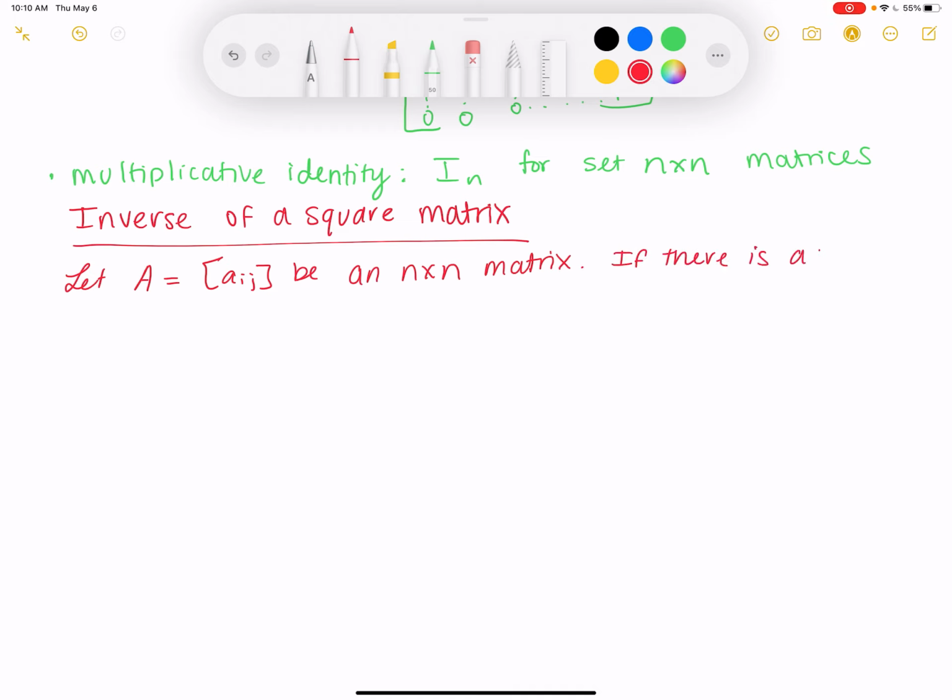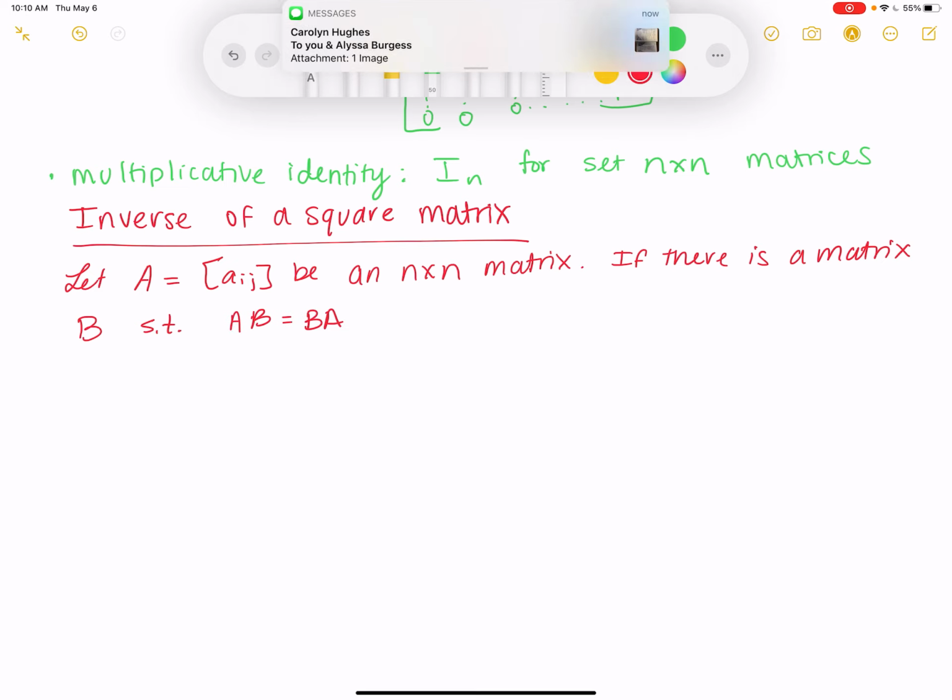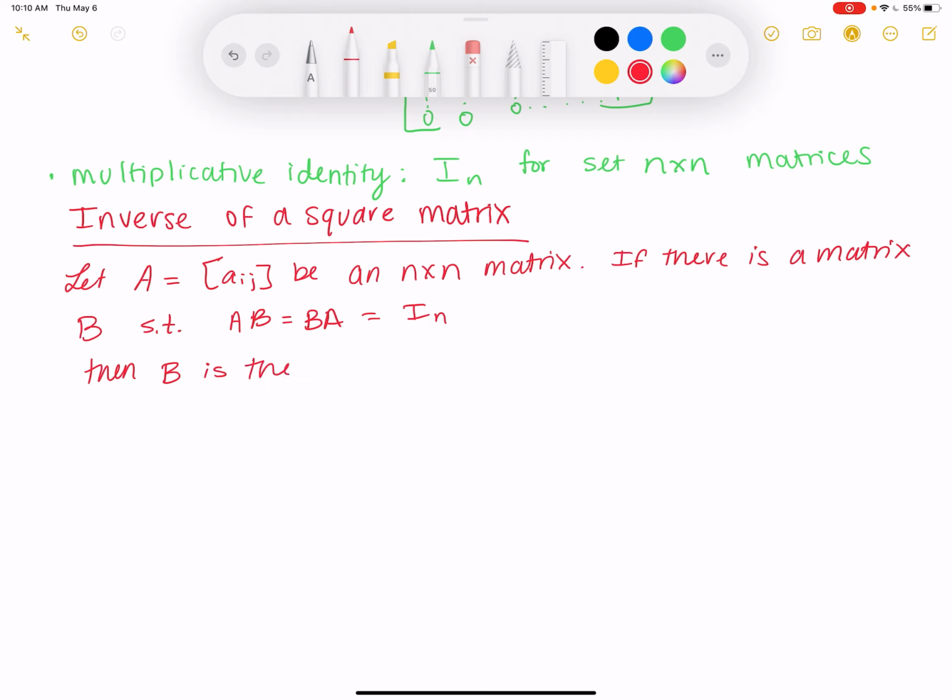If there is a matrix B such that AB equals BA equals I sub n, then B is the inverse of A. We write it B equals A to the negative 1, read as A inverse.